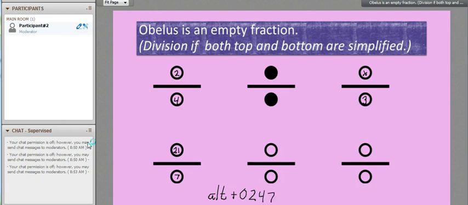I think that's what it is. Hold on, let me check. Alt 0247. What's the division sign? Right there. Isn't that cool? All right, so now that we know this fraction bar, if you see a fraction, just remember, it's just division. That's it. If you can divide, you can do fractions.